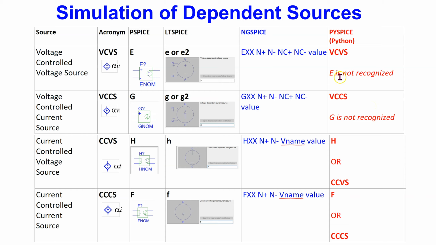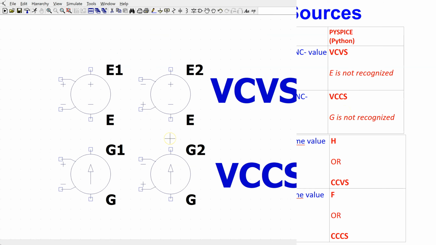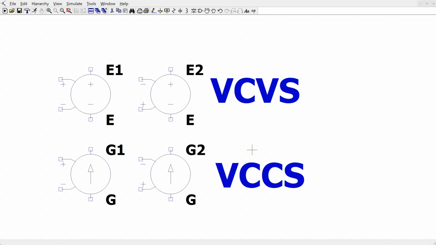In PYSPICE, two of the letters are not recognized, so we must use the acronym instead to access the part. In case you are wondering why we have two symbols each for the voltage-controlled sources in LTSPICE, they are both symbols for the same component but have different default orientations for the controlling voltages for easier schematic wiring.